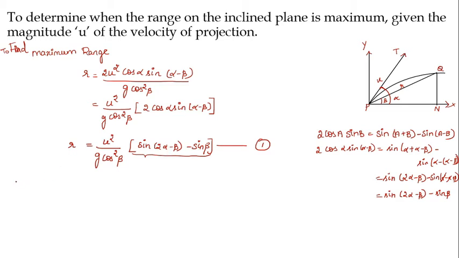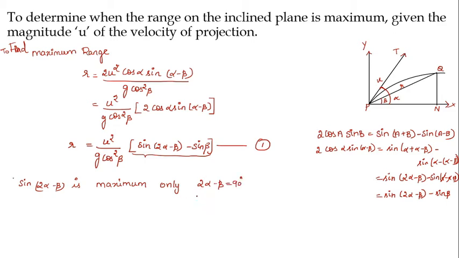So sine of (2 alpha minus beta) is maximum only when 2 alpha minus beta is 90 degrees.